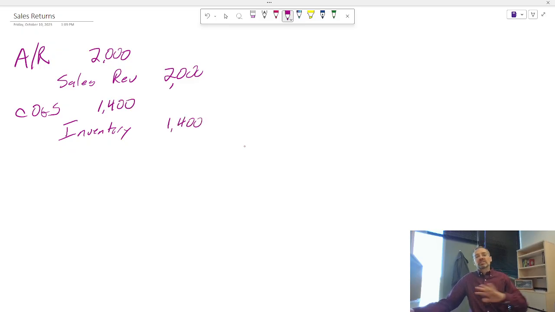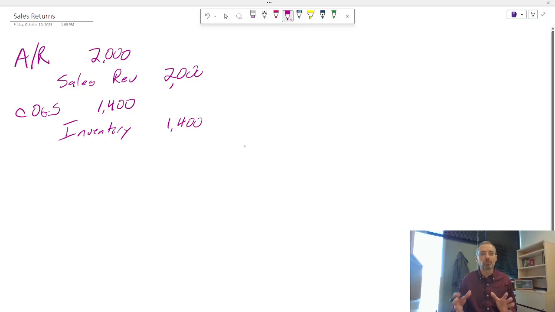All right, so we send the tablets to our customers, and one gets sent back. Now it could be slightly damaged, or maybe it's the wrong color. Maybe we messed up their order. Whatever it is, they send one of those back. And we are assuming in this scenario that we can resell that inventory.